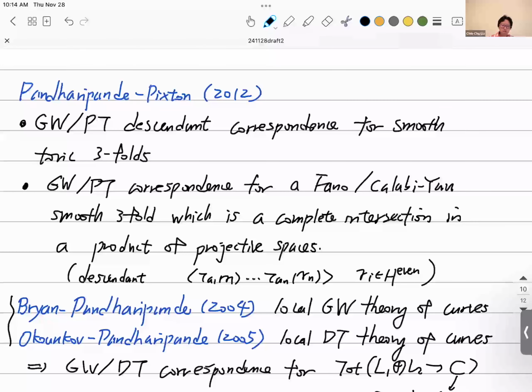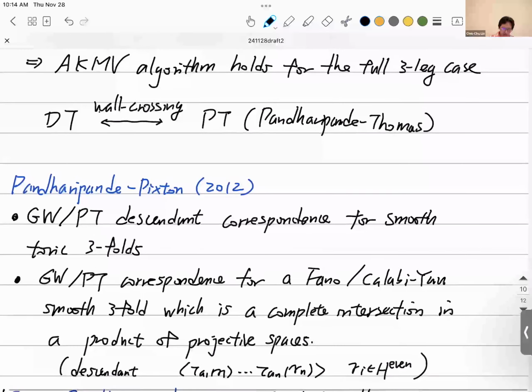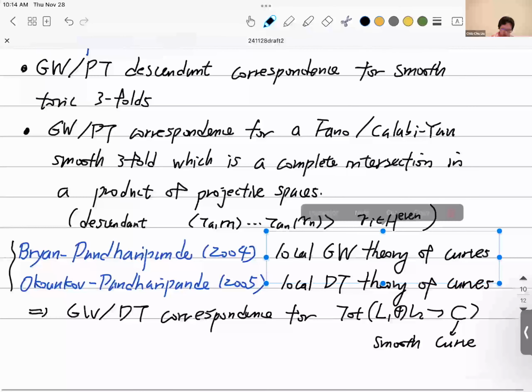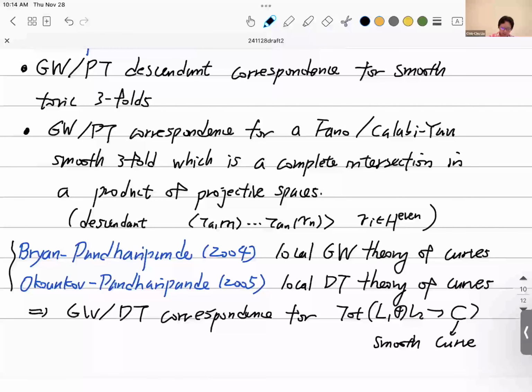What are the other cases of Gromov-Witten/DT or Gromov-Witten/PT correspondence that have been proved? Even before they proved this toric case, they proved the correspondence for Gromov-Witten and DT theory for local curves, namely the total space of a direct sum of two line bundles over a smooth curve.